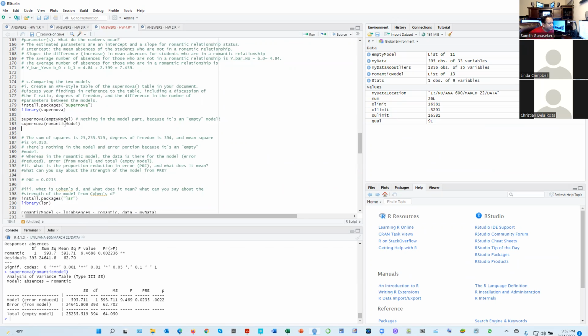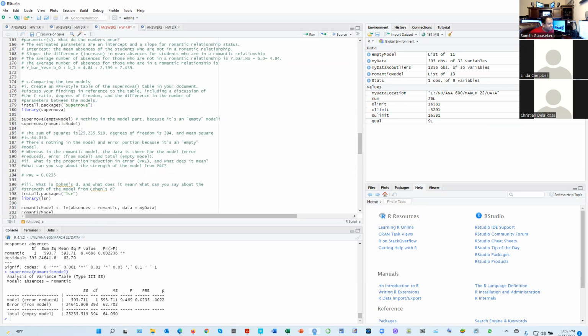Sorry, the empty model. And then the other one for the romantic model. So you can discuss that one. And in the same way, there's nothing in the model and no proportion because it's an empty model, whereas in the romantic model the data is there for the model, error reduced, error from the model and total from the empty model.